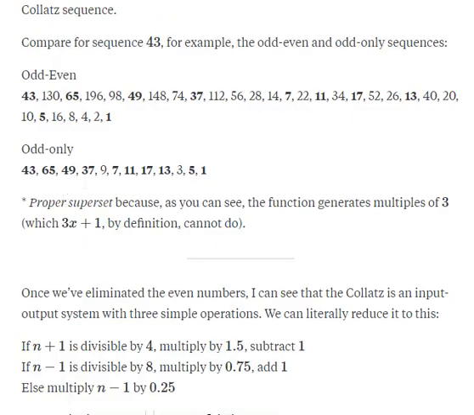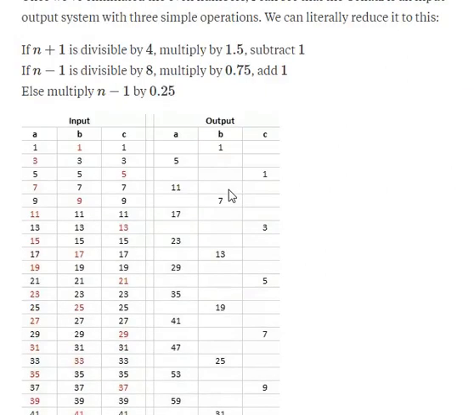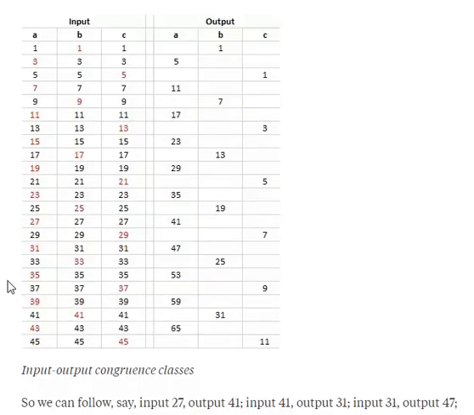If we look at a smaller number, because I don't want to go off the table, 37, the output is 9. And in both those cases, the multiplier is 1.5.